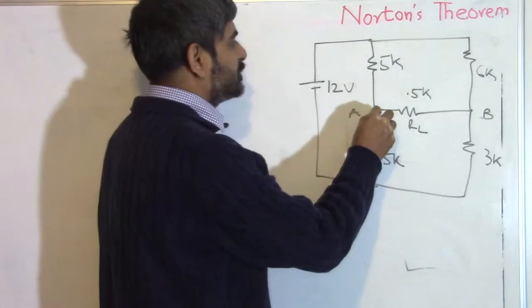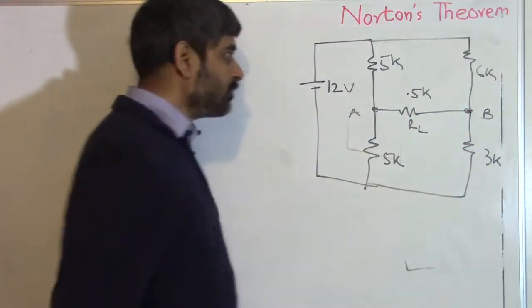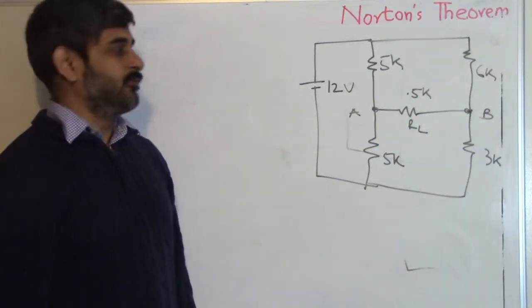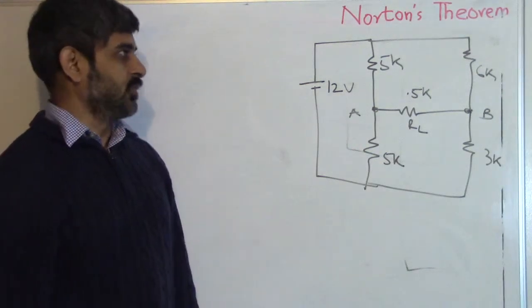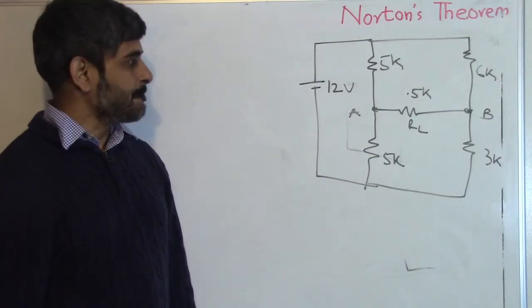This is our load resistor RL, and we need to find the current flowing in this one, but this time you need to use the Norton's theorem to find the current into it.